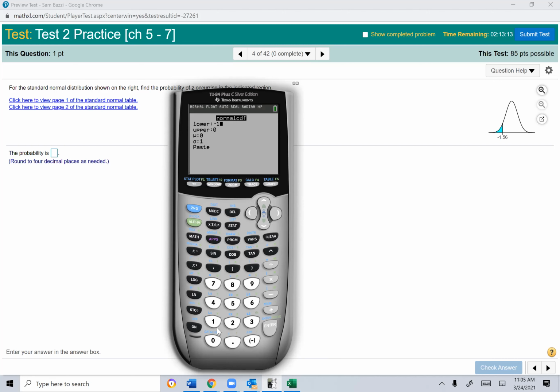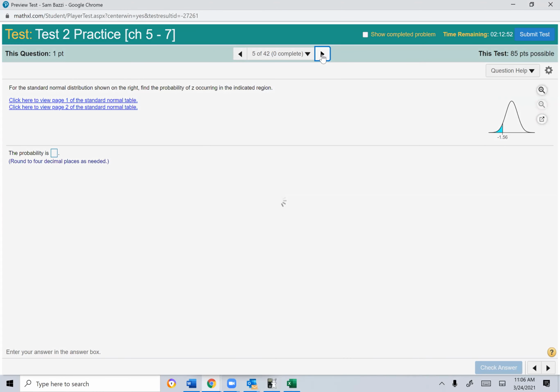No, the lower is the lower value. Right here. Negative what? Million? Yeah. And then -1.56. And then 0, 1. There you go. It's 0.0593. Next question.